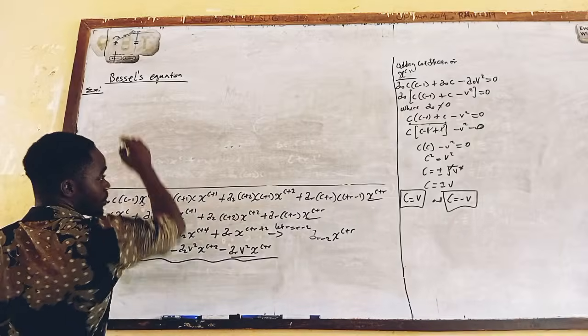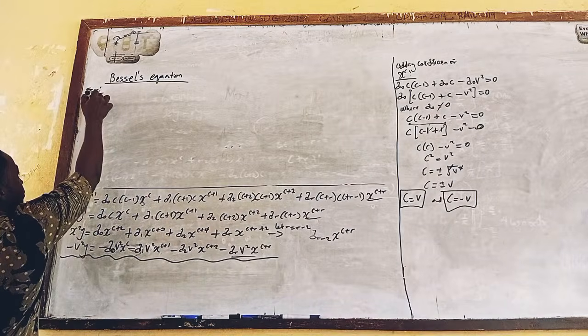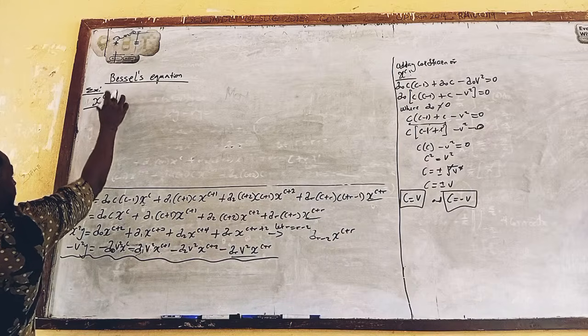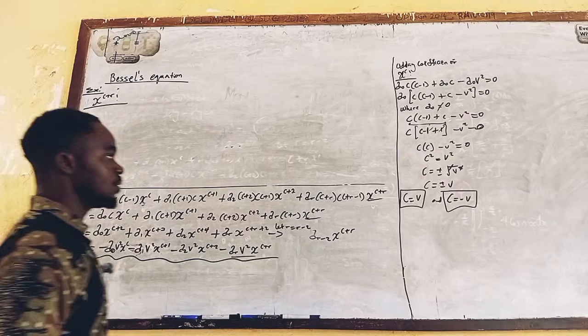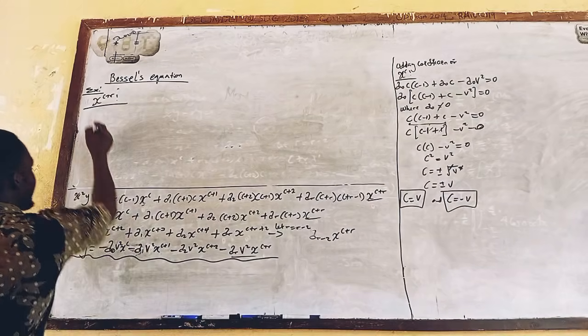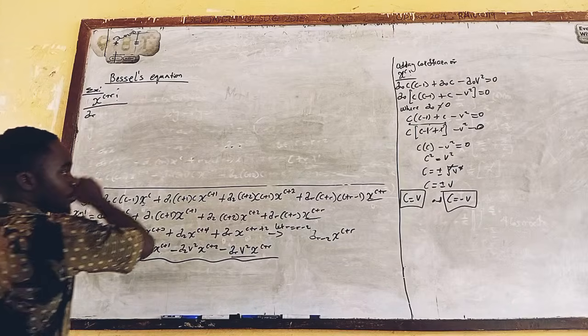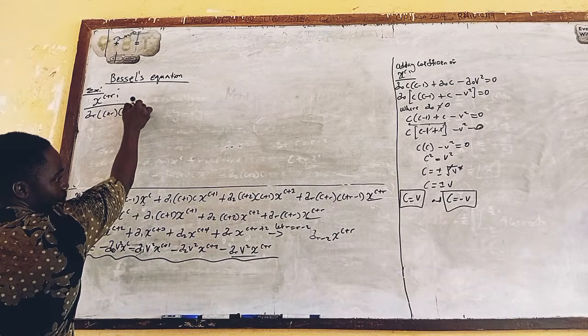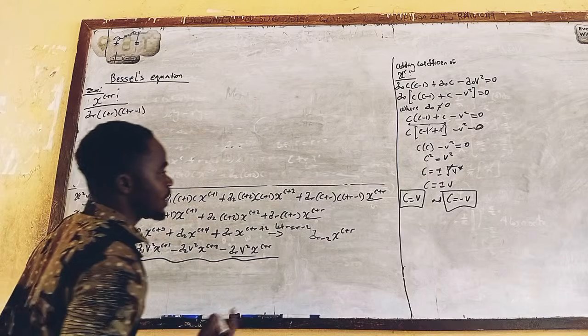So the next thing is the coefficient of x raised to the power c plus r. So we look for the coefficient of x raised to the power c plus r. From the first one, we have a r times c plus r minus 1 from the first equation.